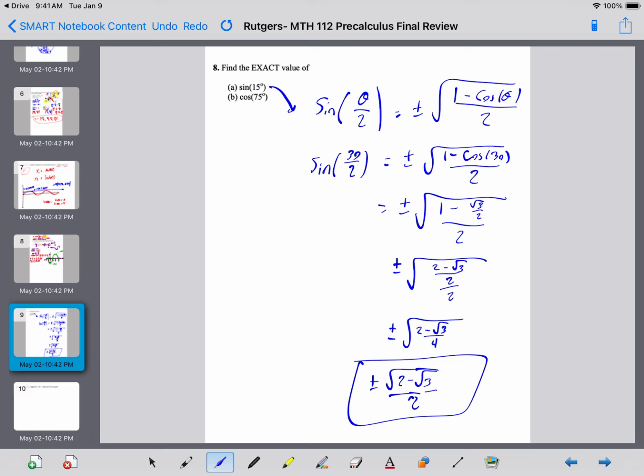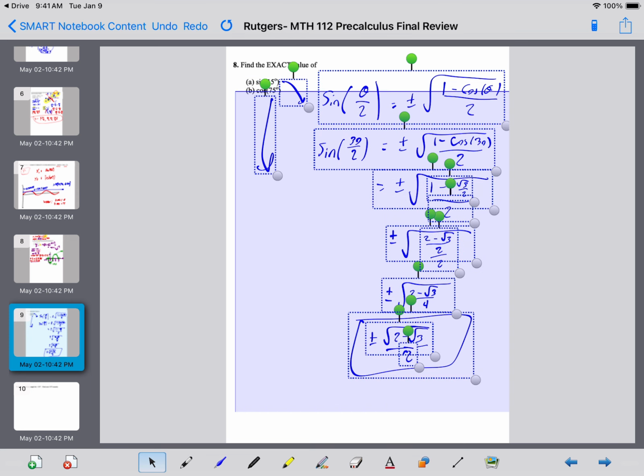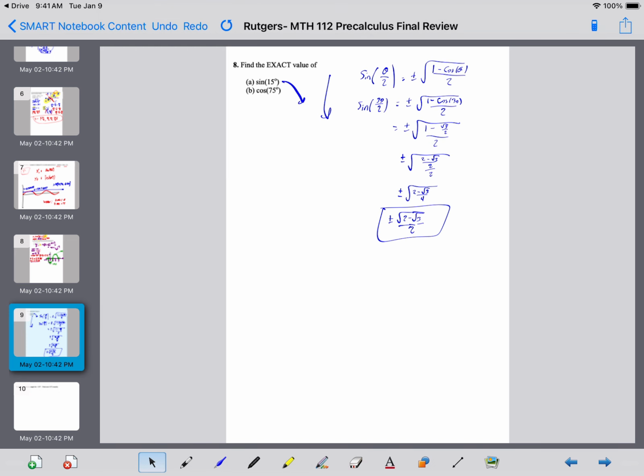All right. Let's do sum and difference for cosine of 75. So, cosine of 75 is the same as saying cosine of 30 plus 45.